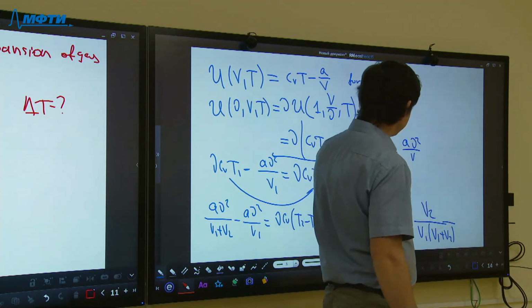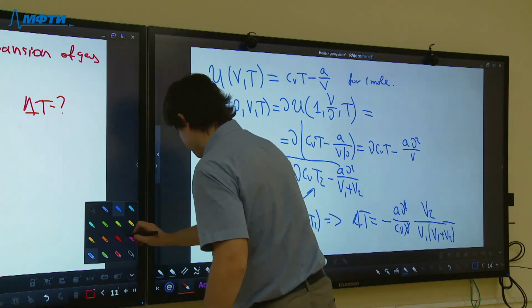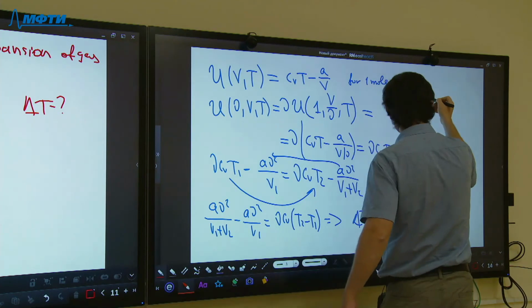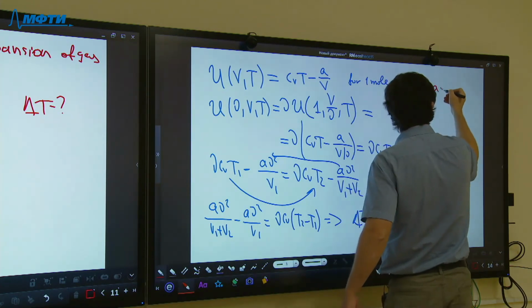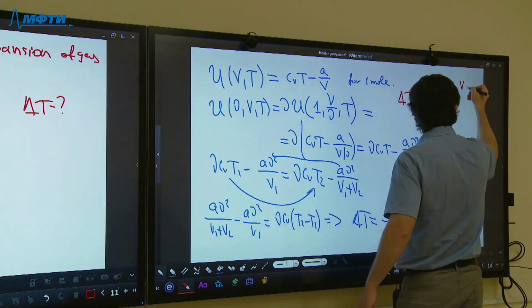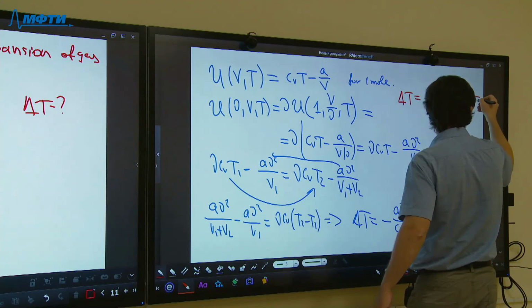Okay, now I write it again here to fix the final answer. Delta T is minus A nu over C_V, V2 over V1 times V1 plus V2.